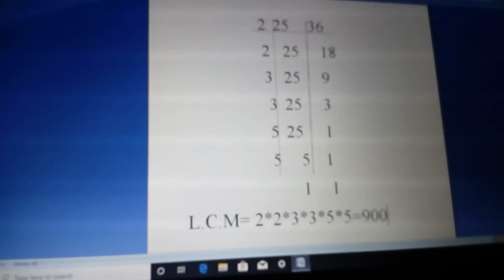So if we do 2 multiplied by 2, 4 multiplied by 3, 12 multiplied by 3, 36 multiplied by 5, 180, and 180 multiplied by 5 gives us 900, and that's the end of our solving.